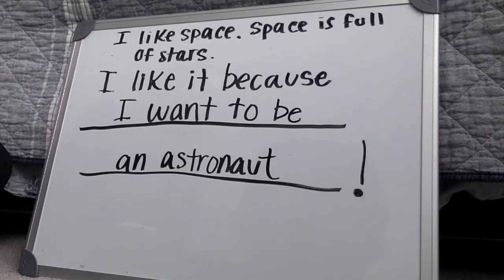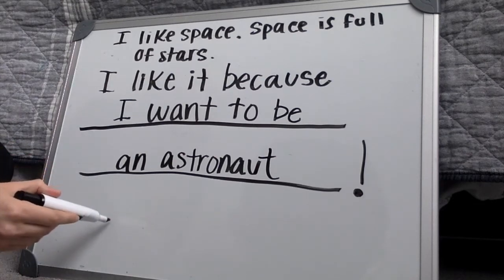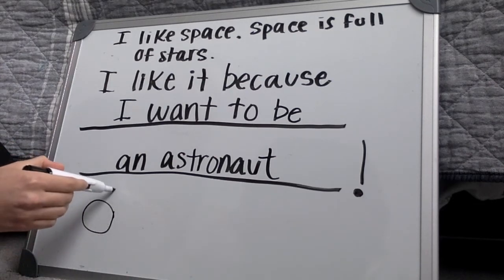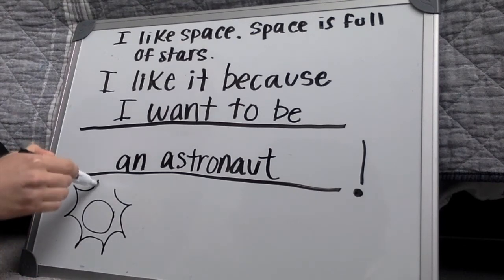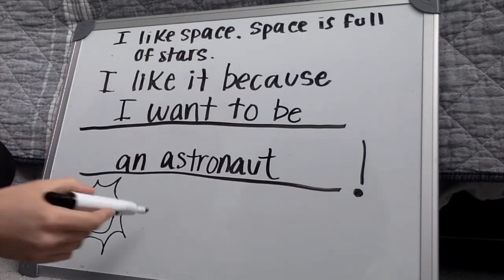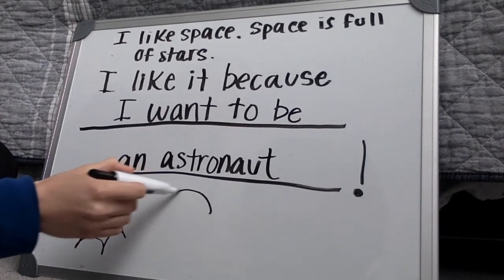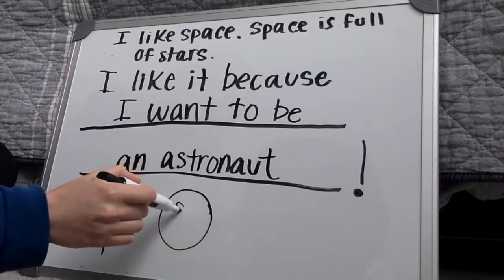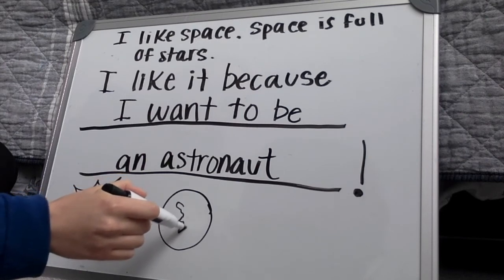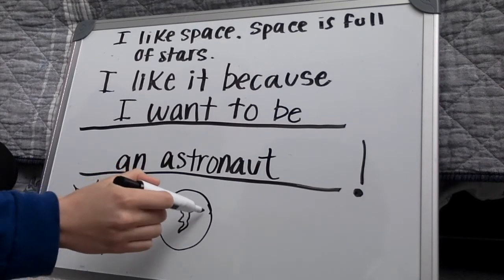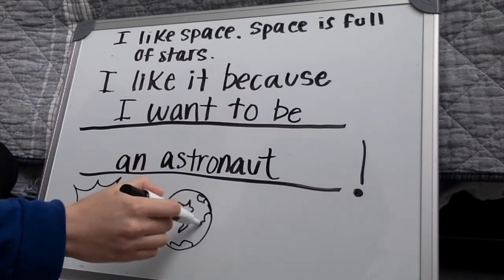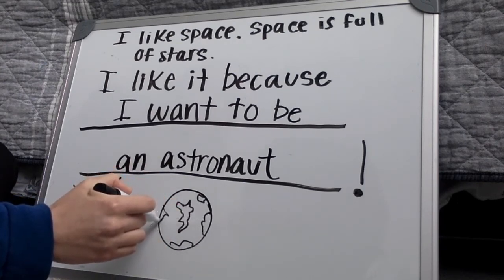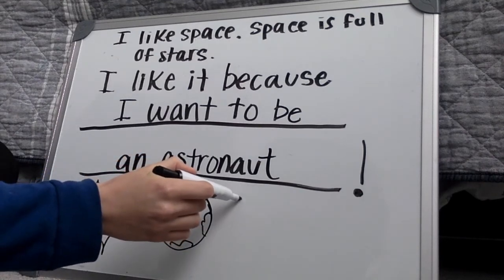All right, boys and girls, that concludes our writing activity. I'm going to go ahead, I'm going to draw a little picture here at the bottom of my writing because I always love to accompany my writing with pictures of my ideas. Maybe I'll draw the earth up here. And the moon.